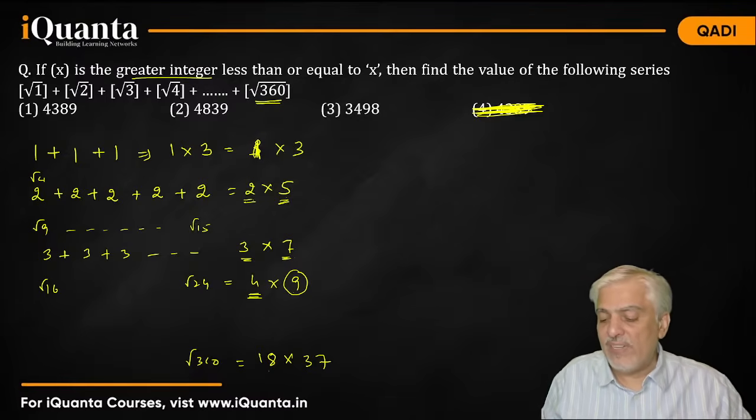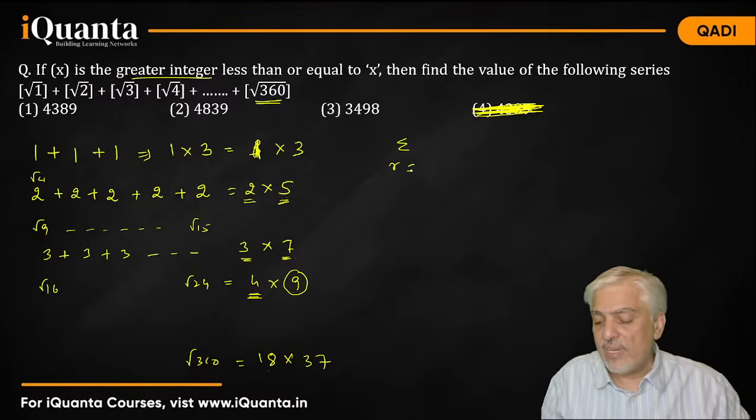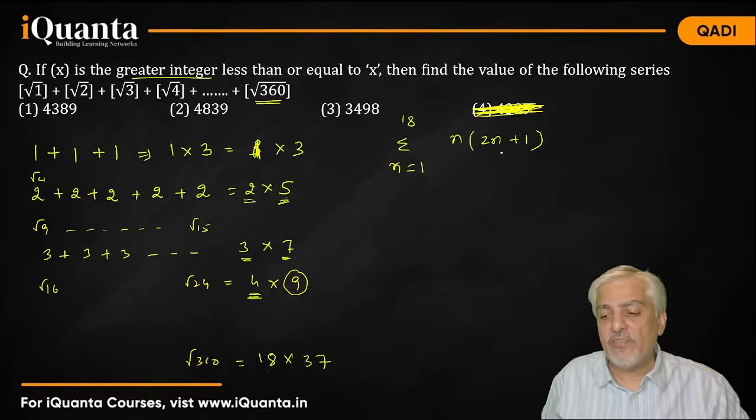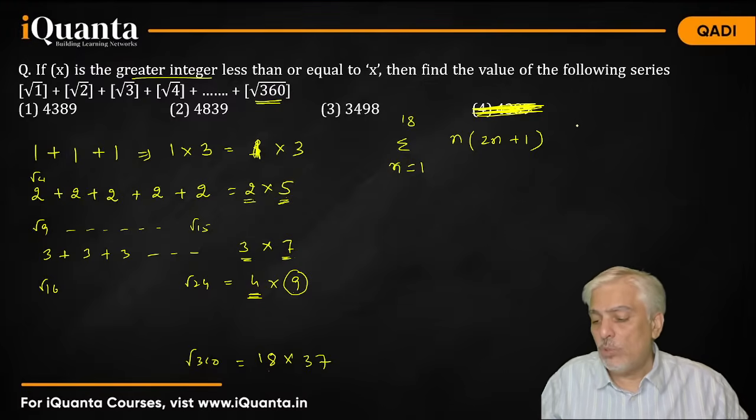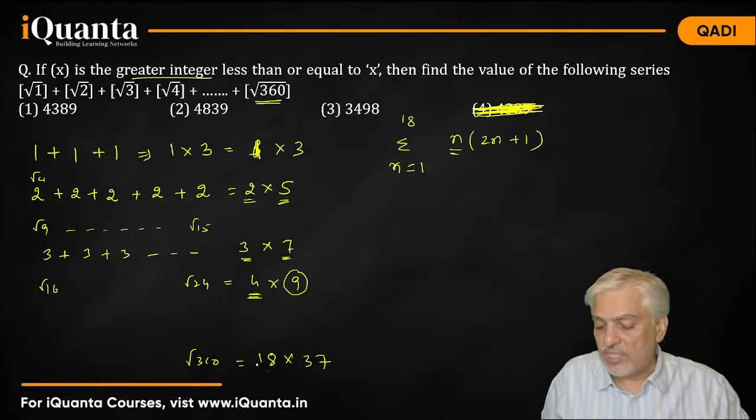Now, basically we want to find the summation for n equal to 1 to 18 of n into 2n plus 1. Now the summation is difficult, so pay attention carefully. n into 2n plus 1, because first term is n, second term is 2n plus 1.